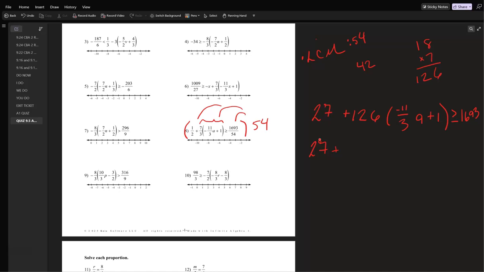And I'll multiply that by this numerator. So I get 462. Negative.